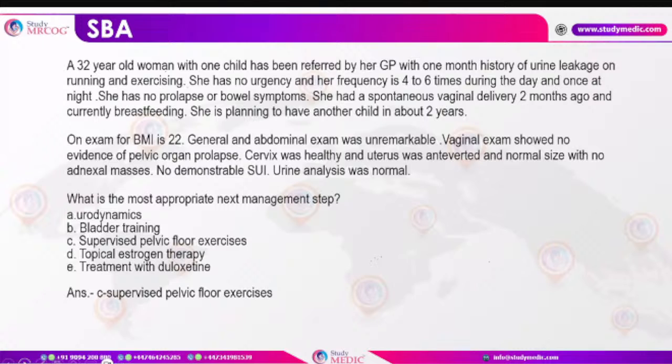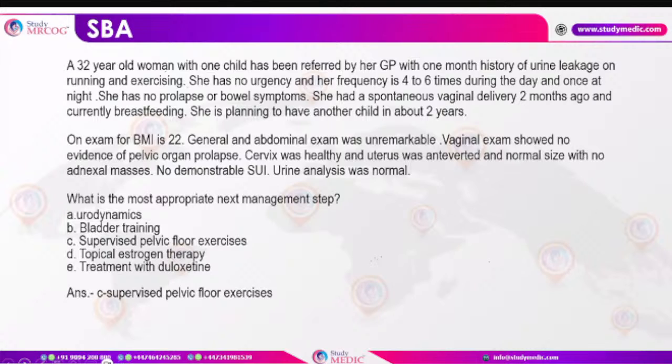And one more thing that you have to keep in mind is that whenever you have any patient with SUI, you will normally not advise surgery initially, and especially any woman who has not completed her family, surgery is not the first line of treatment. You will always offer her conservative management. After she has completed her family, only then, if necessary, you will offer her a colposuspension or a sling procedure.